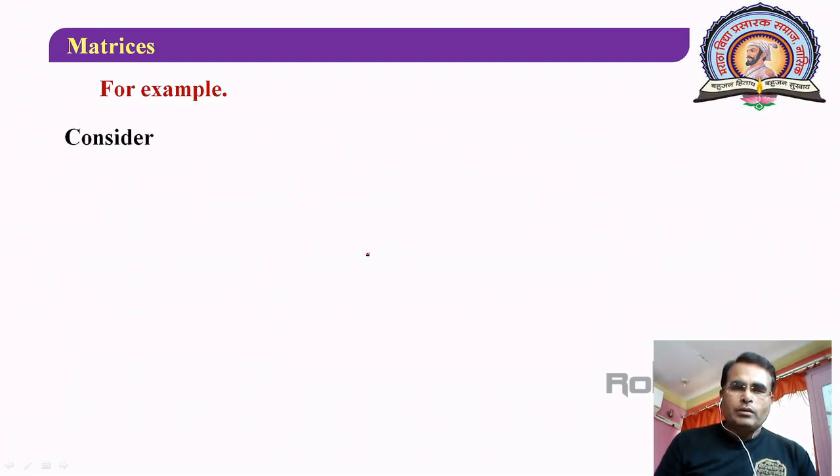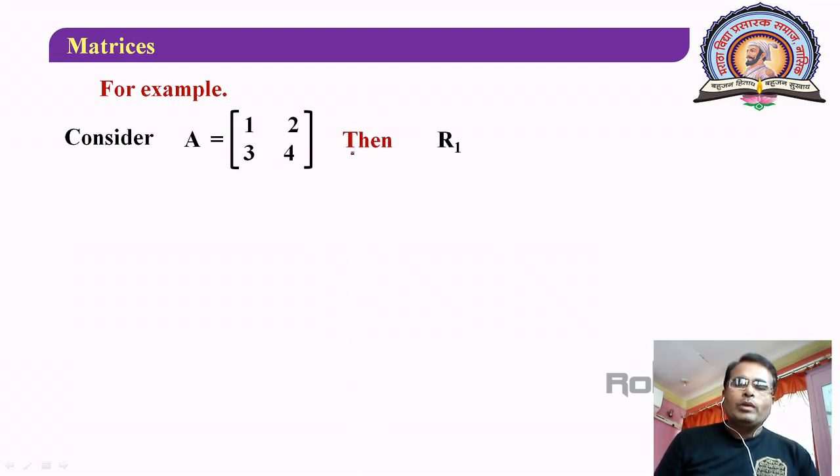So consider a matrix A consisting of the elements: first row 1, 2 and second row 3, 4. Then if we apply the transformation interchange of first and second row, that is R1 taken to R2 and R2 taken to R1, it gives you the new matrix.